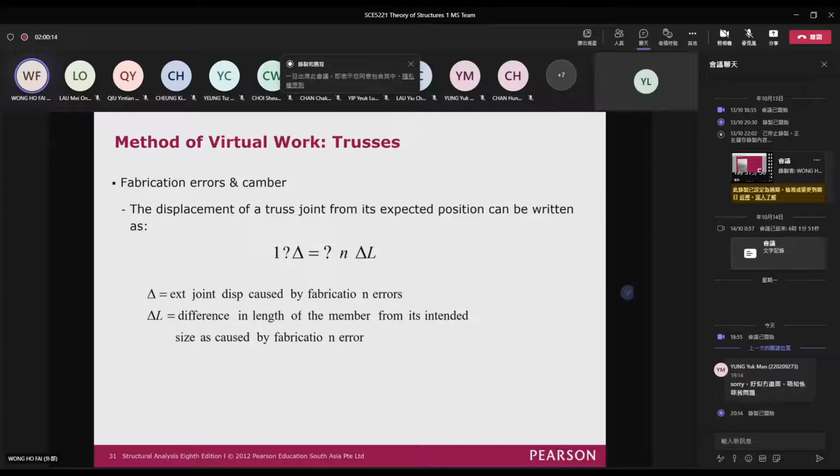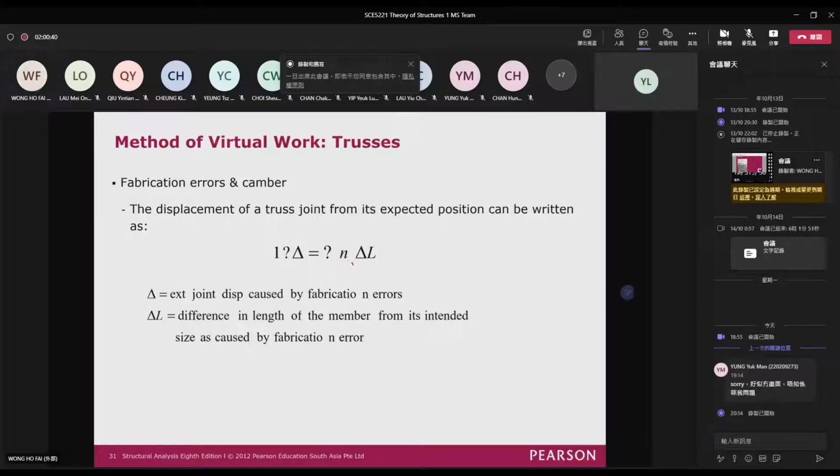Then the change of the displacement will also cause an overall change of the structure. If the member is a bit too short, there will be a change of length in a negative sense because it is shorter. If the member is a bit too long, then the length will increase, and delta L will be positive.